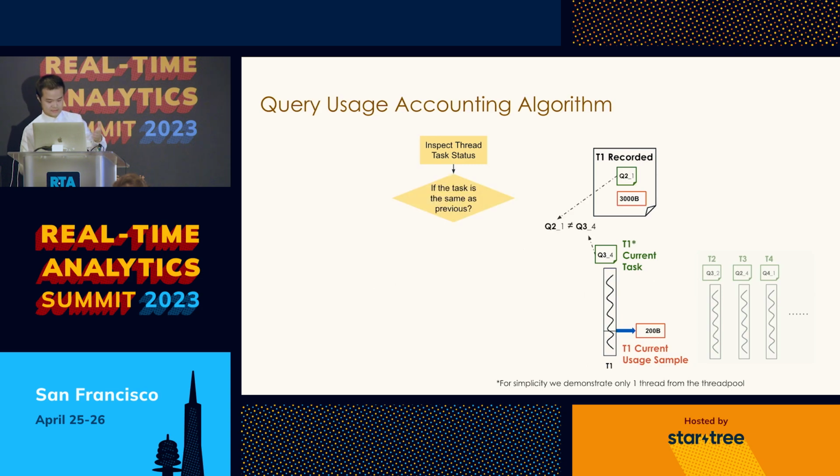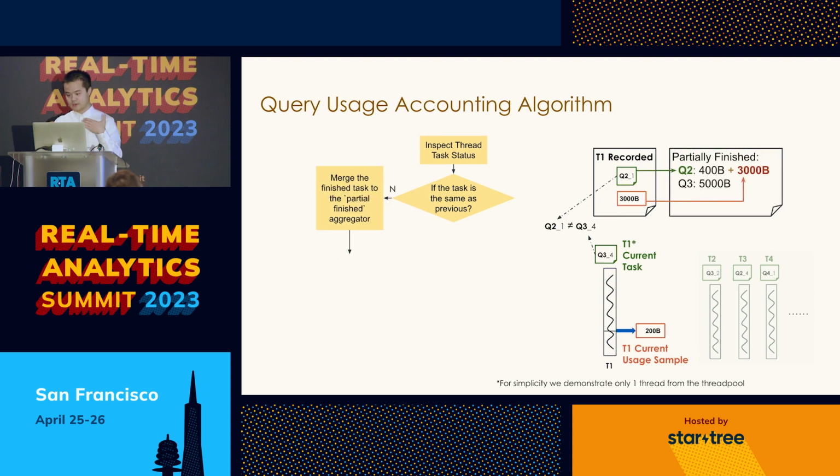We can see the status is actually different here, meaning that previously the same thread was running for query 2. This happens because we're using a thread pool model, and the tasks can interleave on one thread for different queries.